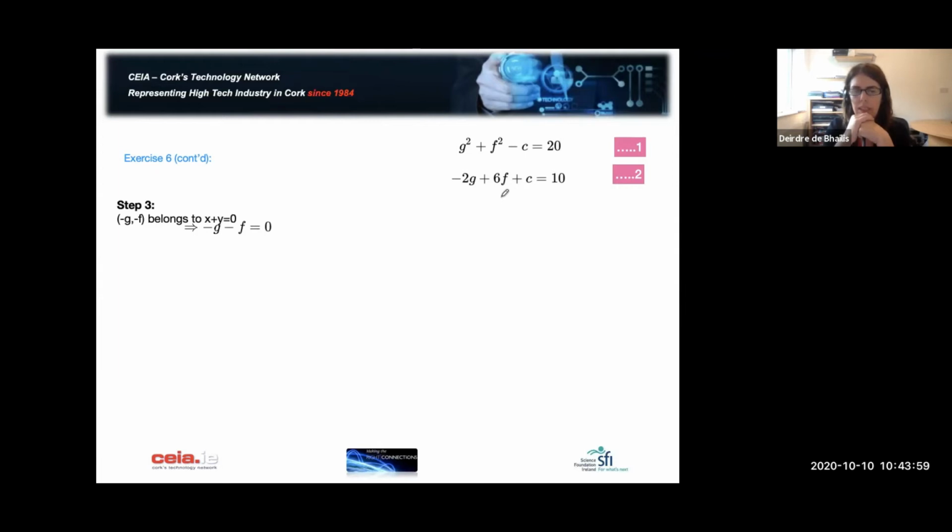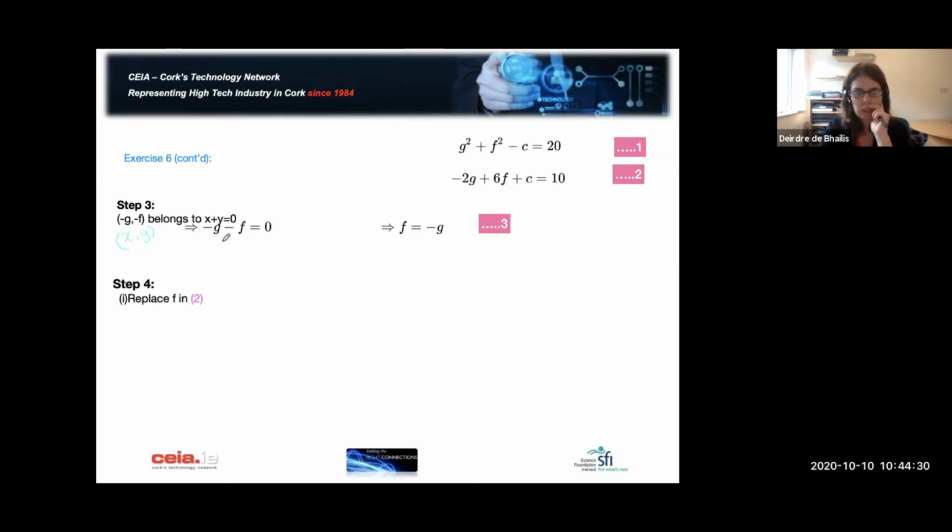So that means we can replace x and y with minus g and minus f. So we get this equation, minus g minus f is equal to 0. And that can be rearranged to say that f is equal to minus g. But that's very useful because we can do a very easy substitution into some of the others.